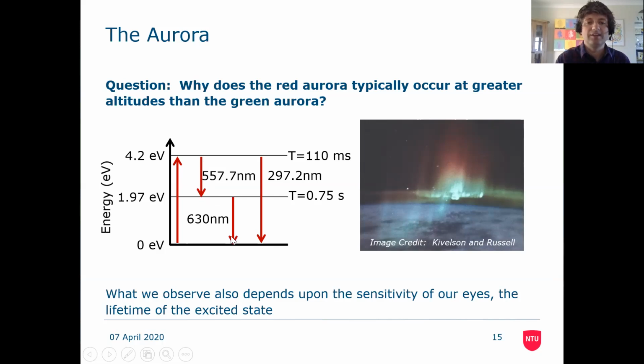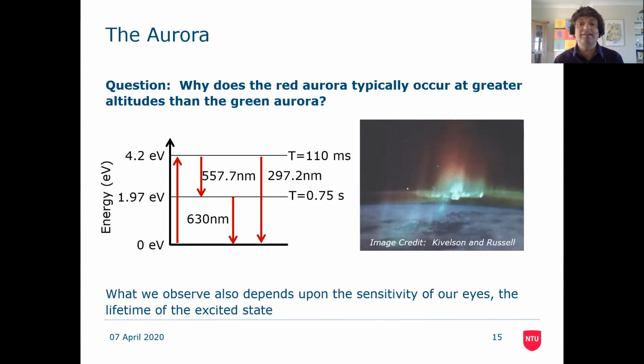Now, we said it takes time before the electron drops back down to these lower states. We said the typical lifetime of this excited state here at 4.2 electron volts is 110 milliseconds. So if our excited oxygen atom collides with something else within 110 milliseconds, that energy is lost as heat. It's never re-emitted as light, so we don't get green northern lights.